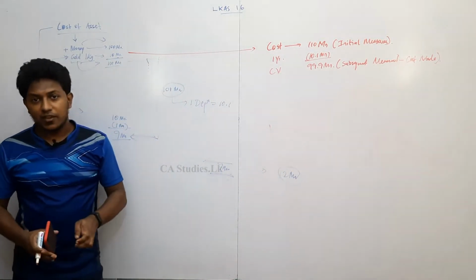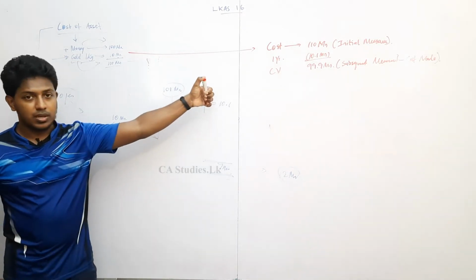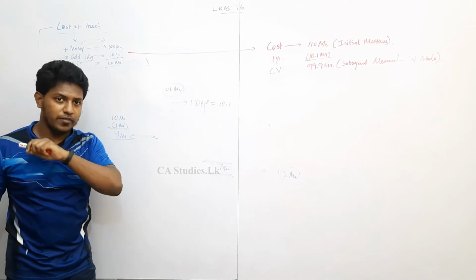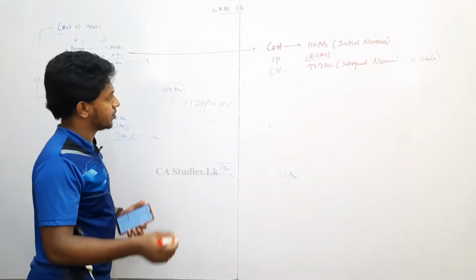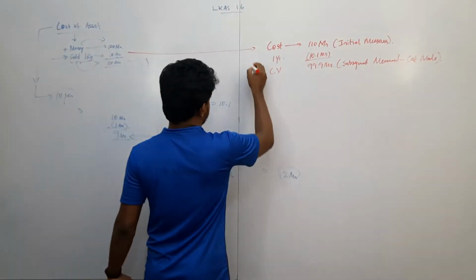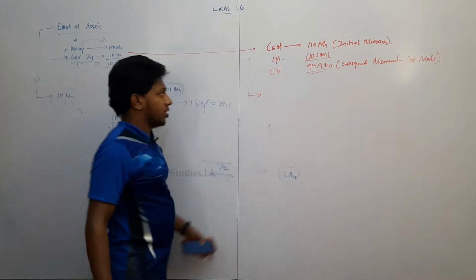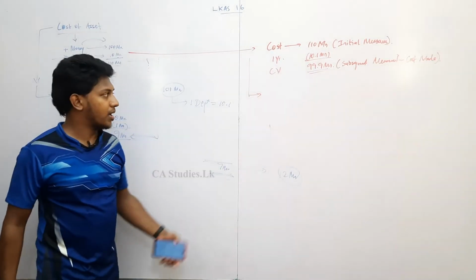The company can use the revaluation model. When the revaluation model is used, the asset's fair value should be found out. After a year, the carrying value of the asset is 99.9 million.